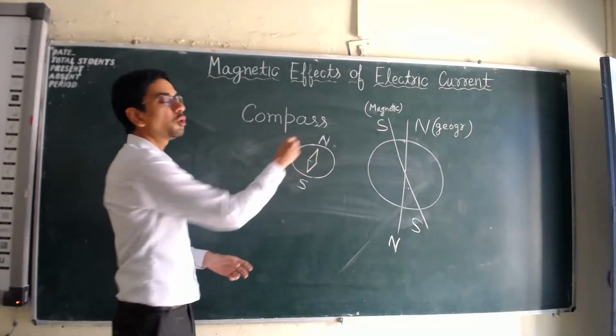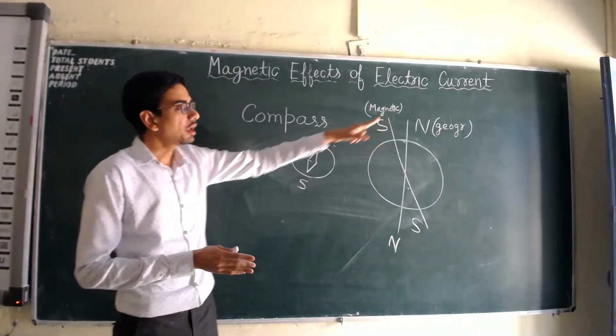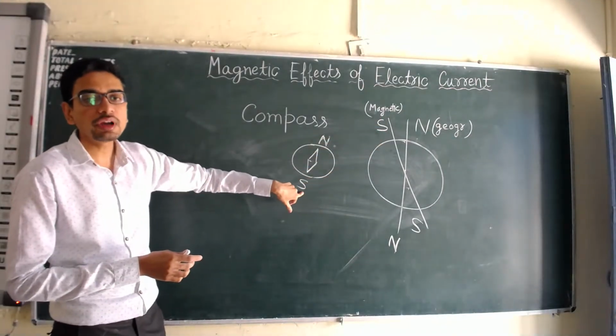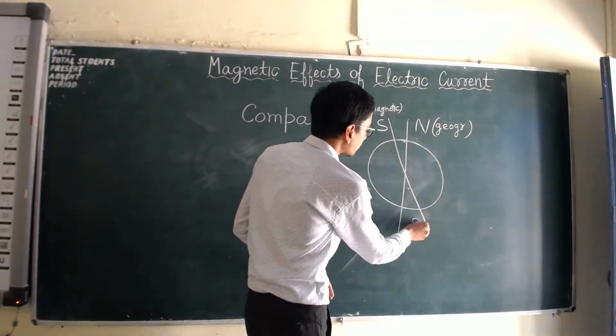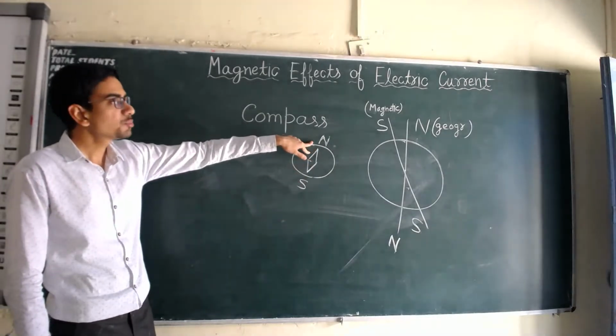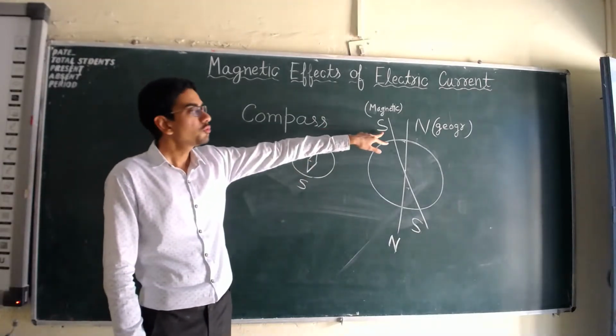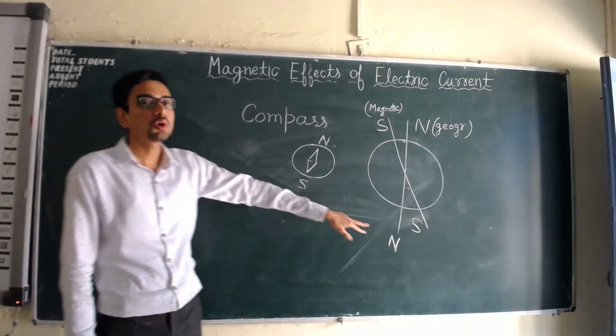So this north pole will point towards the magnetic south pole, and the south pole will point towards the magnetic north pole.